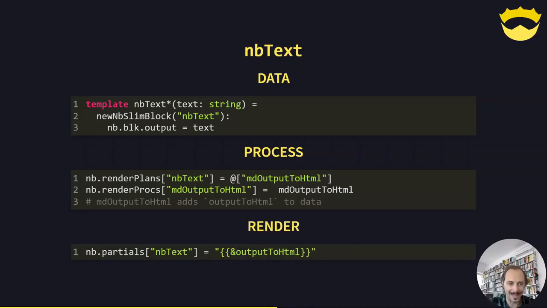So then, when we render, the final rendering is the unescaped version of the HTML. Note that the command is called slim block because the text block does not save the code source. This is a breaking change with respect to 0.2, and we provided another block if you want to show the source of the text block.